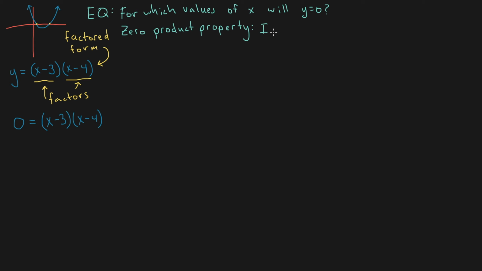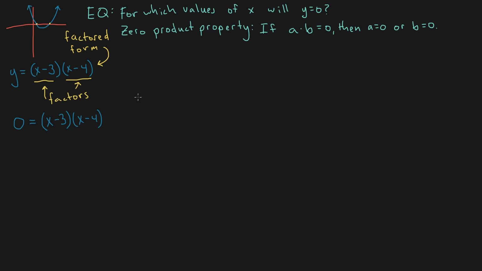So to write this out, we'll say if a times b equals 0, then a is equal to 0, or b is equal to 0, or both of them are equal to 0.